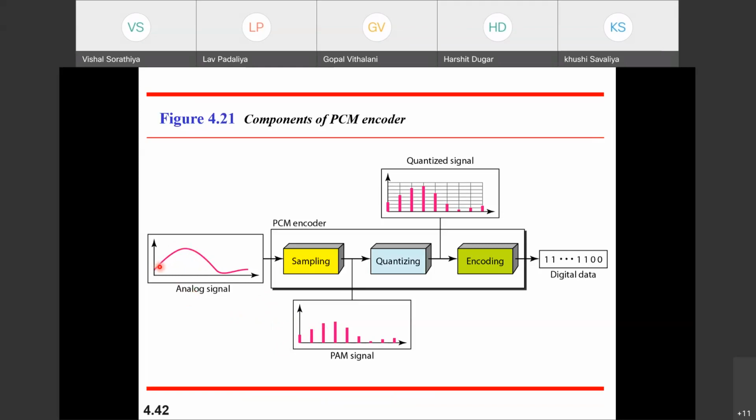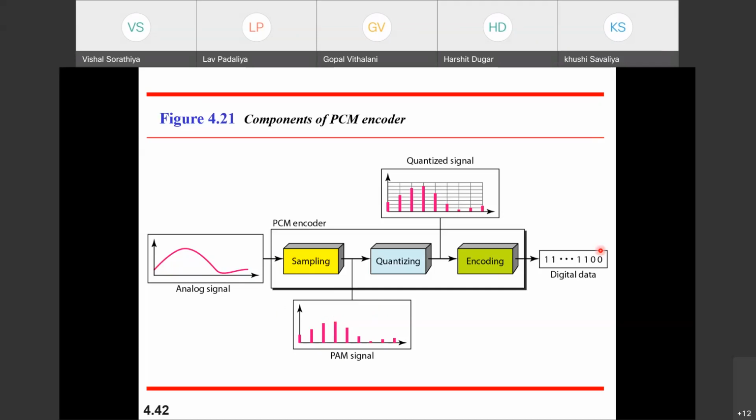After every specific period of time, it will take one sample from the signal. It means whatever the amplitude of your analog signal is, it is going to assign to that sample. So the sampling circuit will take samples at a specific interval of time, or we can also say it is chopping our signal vertically along the time axis.